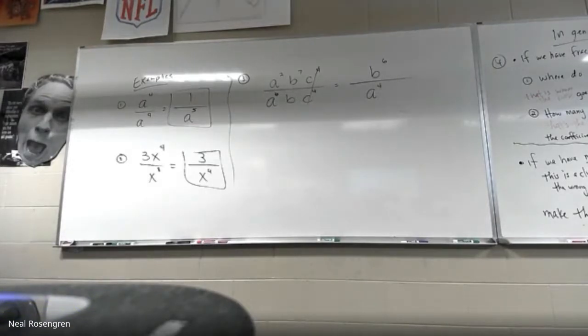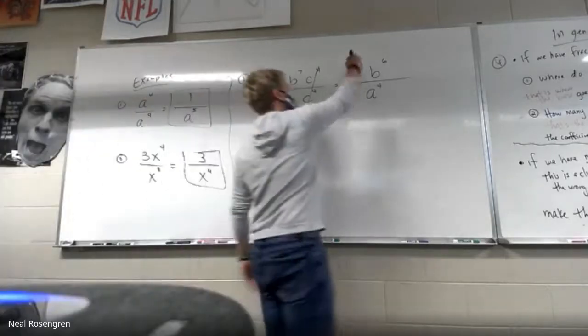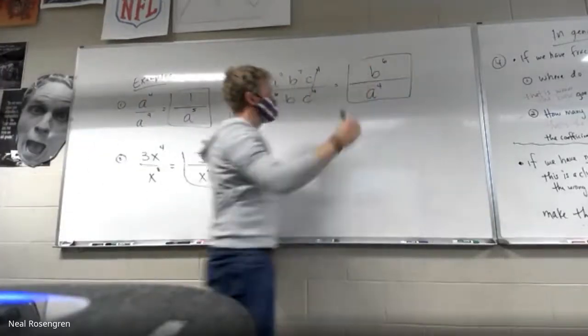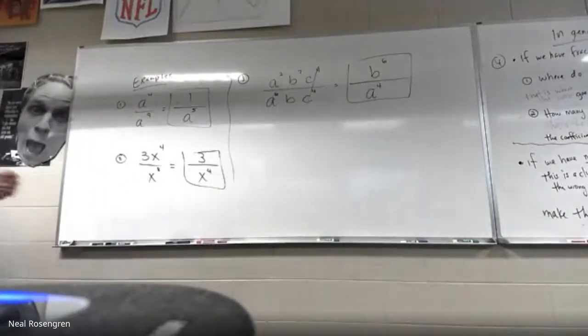You don't have any left. Okay? And it's only going to happen if you have the exact same number of them top and bottom. So you might start with A's, B's, and C's, but you do not have to end with A's, B's, and C's if you have the exact same number of them both top and bottom. Cool?